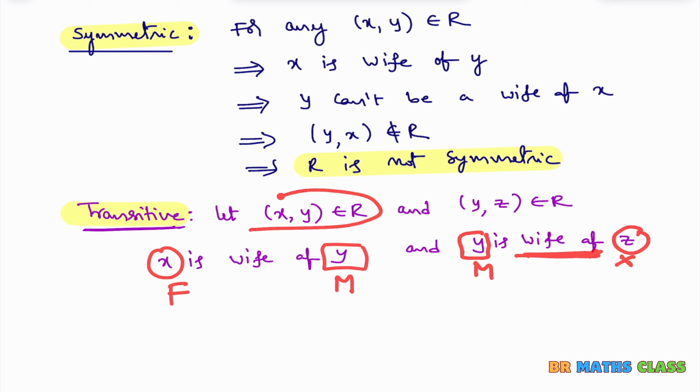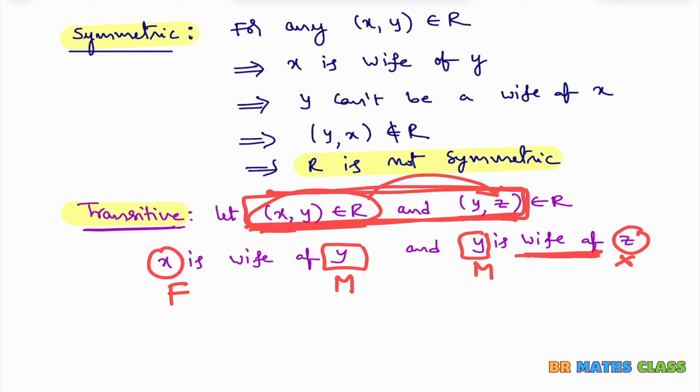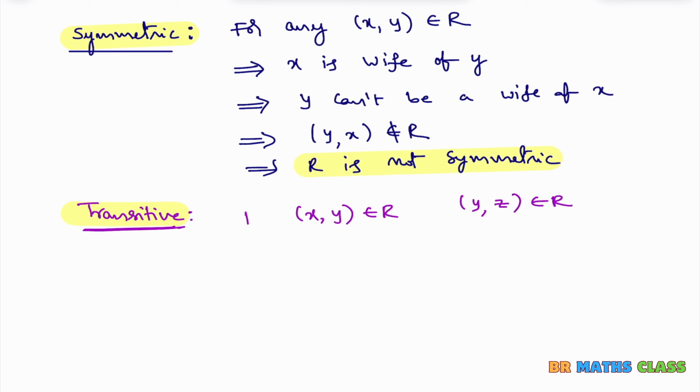For ordered pair x comma y, y comma z doesn't exist in the relation. You try to understand. If x comma y, y comma z exists, then only we look for x comma z. If such a pair of ordered pairs doesn't exist, in that case we say that that relation is transitive.